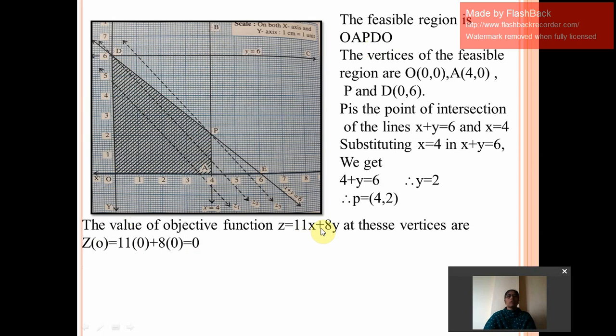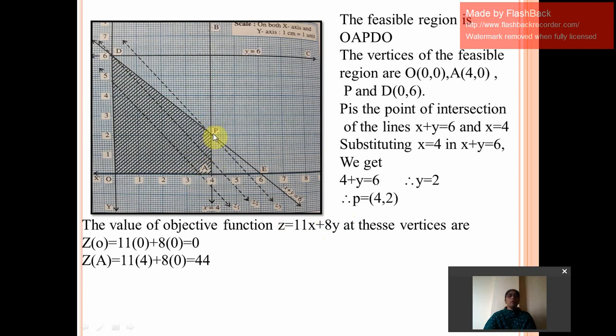Put x is equal to 0, y is equal to 0: 11 into 0 plus 8 into 0 is equal to 0. Second vertex A, z of A, is 4, 0: 11 into 4 plus 8 into 0 is 44.